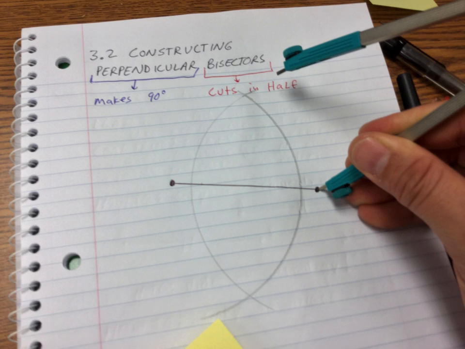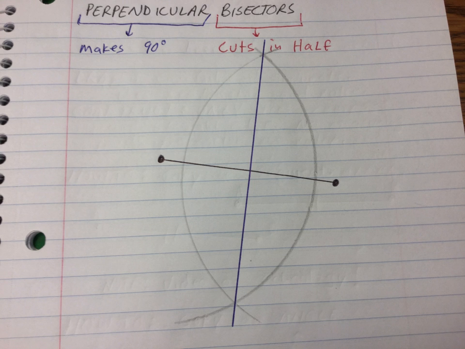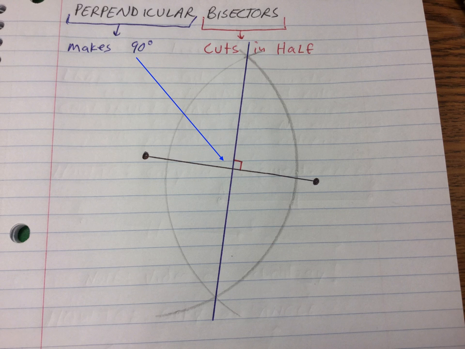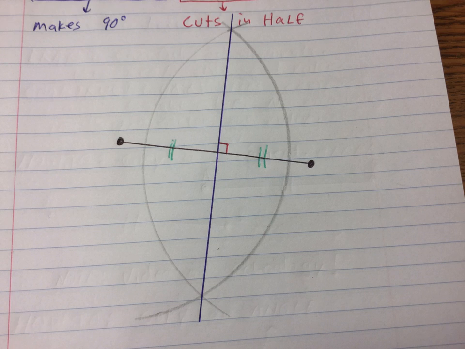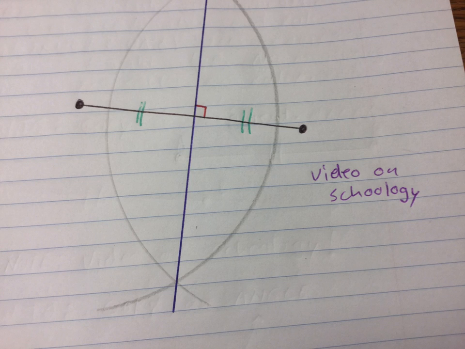Where those two arcs intersect, connect the dots. And now you've just created a perpendicular bisector. Right? We've got our perpendicular and our bisector. It creates a midpoint and makes 90 degrees. A reminder, there is a video on Schoology if you want to watch it again.